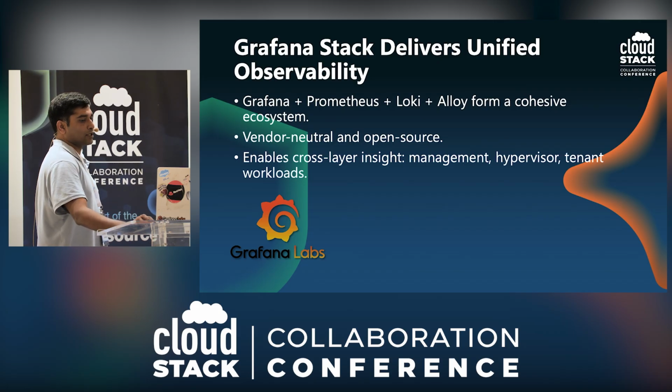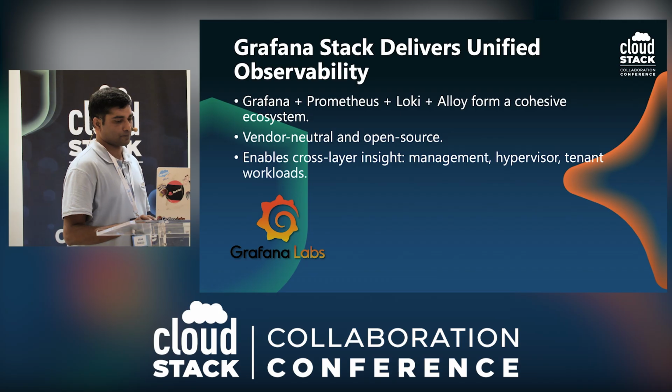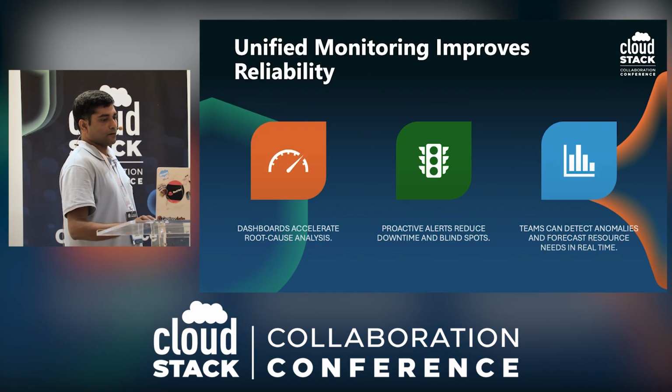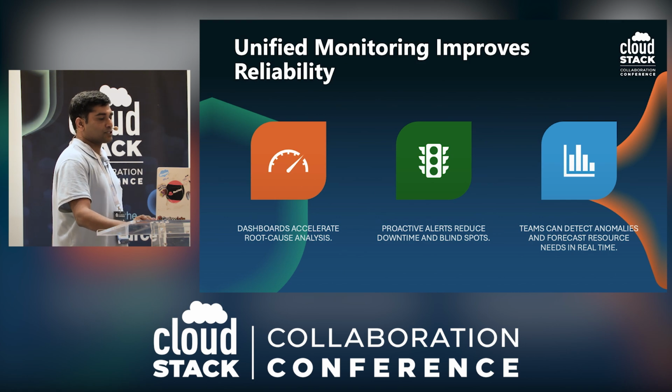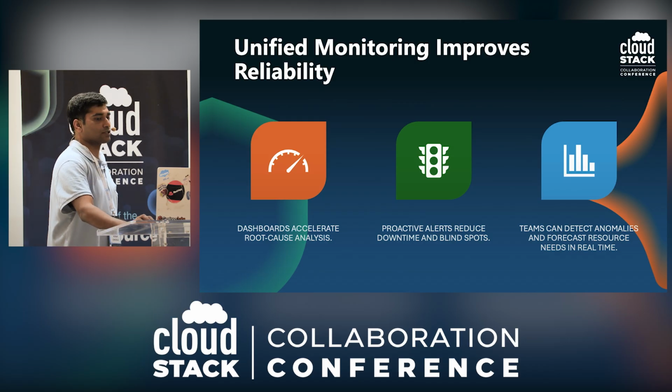We can divide dashboard metrics across tenants and get a good dashboard for your team. With these dashboards, root cause analysis will be faster, proactive alerts lead to less downtime, and teams can detect anomalies and forecast resource needs in real time.